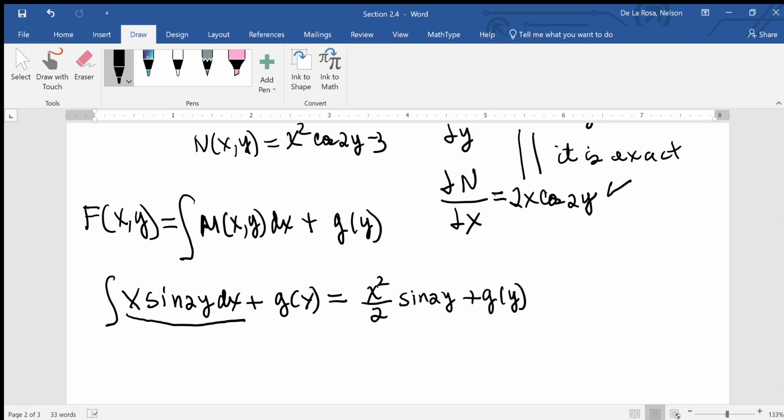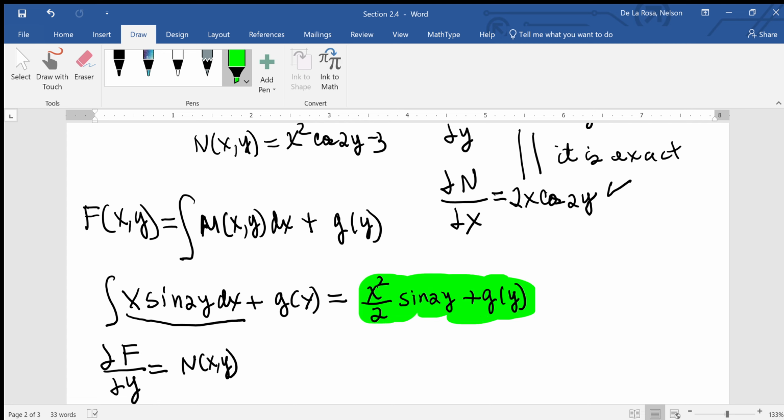Well, to do that, we have to find the derivative of f with respect to y, and that is going to be equal to N of x comma y. Okay, remember this expression that I'm going to show you now in green is equal to f of x comma y.